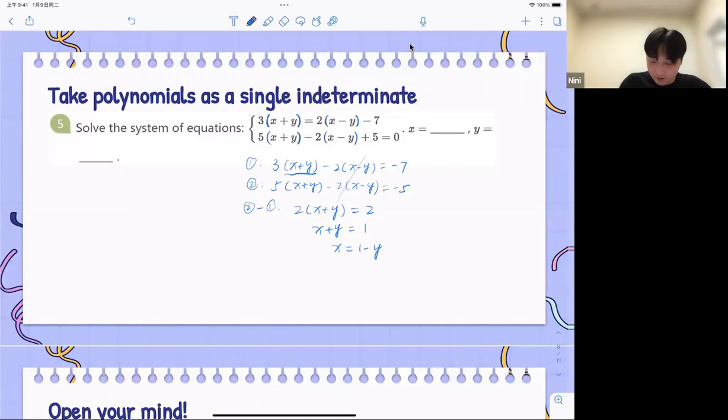Okay, so now let's try to do the similar stuff. Let's try to put this stuff back into equation number 1. So for equation number 1, right now you've got 3 times (1 minus y), and you got another y, and you get 2 times (1 minus y), using 1 minus y to represent x.